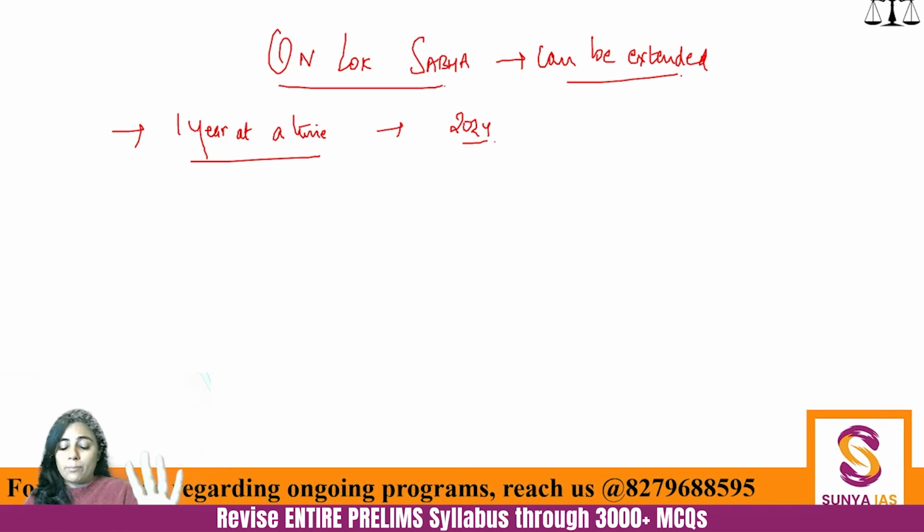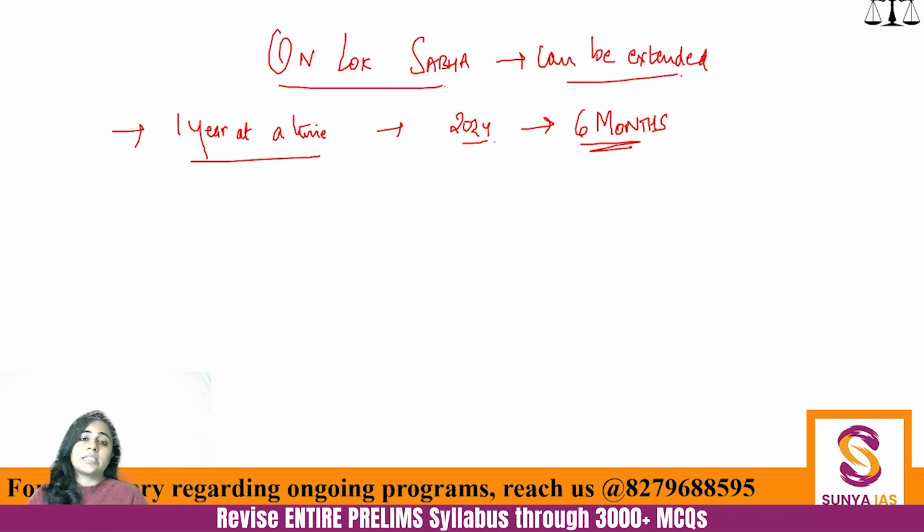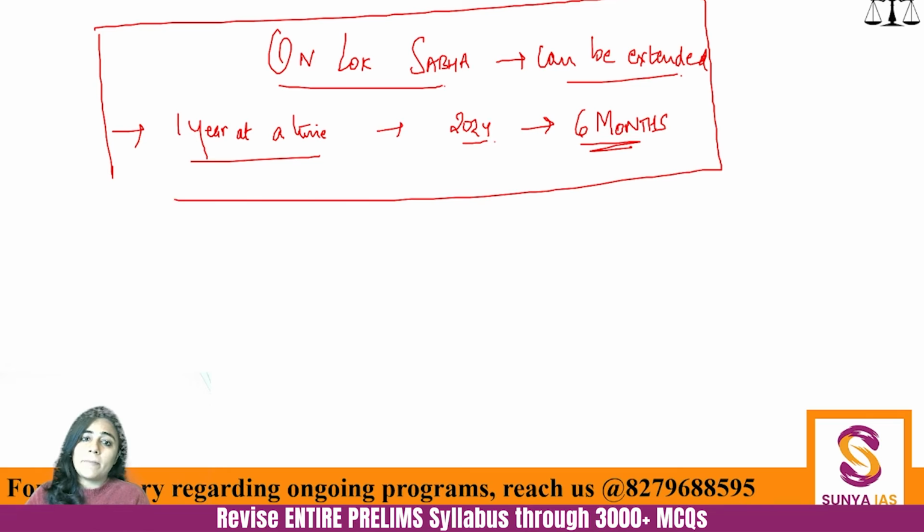But as soon as the emergency ceases to operate, within 6 months this extension will come to an end. So within 6 months, there have to be elections again. Now please make this very crucial difference in front of you. On Lok Sabha, this is the impact.